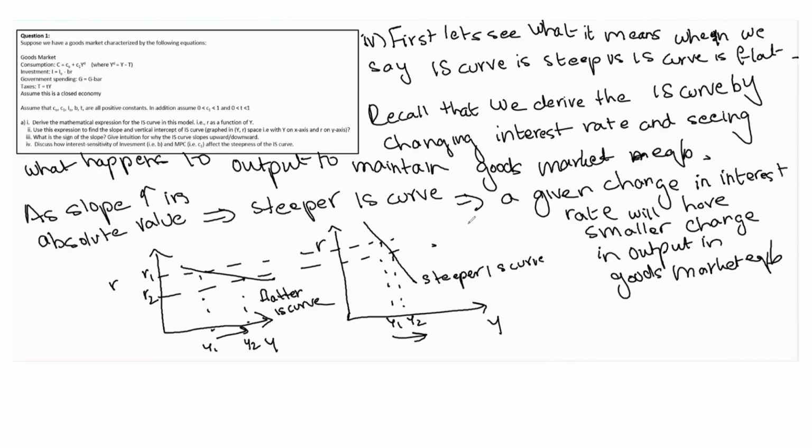So that's what we mean when we say the IS curve is steep. So the steeper the IS curve is, then a given change in interest rate will only have a small change in output in the goods market equilibrium.